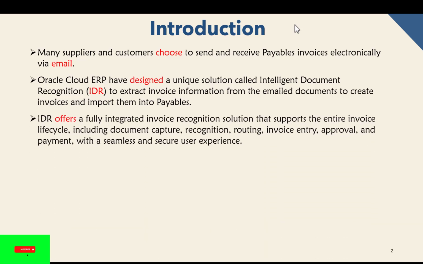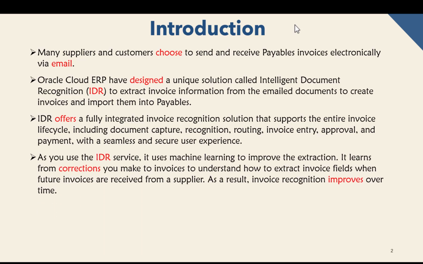IDR offers a fully integrated invoice recognition solution that supports the entire invoice lifecycle, including document capture, recognition, routing, invoice entry, approval, and payment, with a seamless and secure user experience.